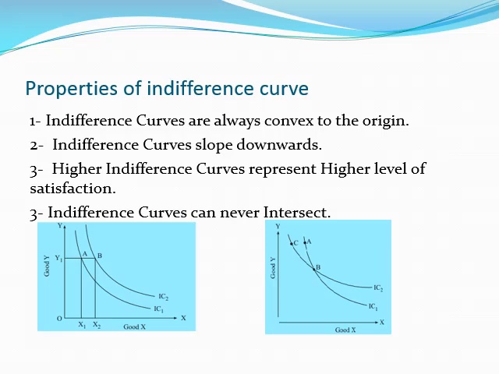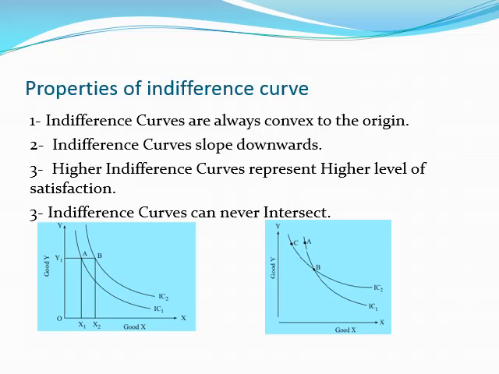A higher indifference curve represents a higher level of satisfaction. So the combination B on IC2 gives more satisfaction than the combination A on IC1.